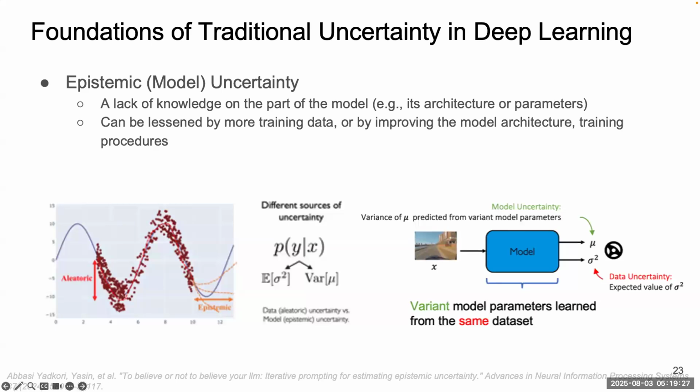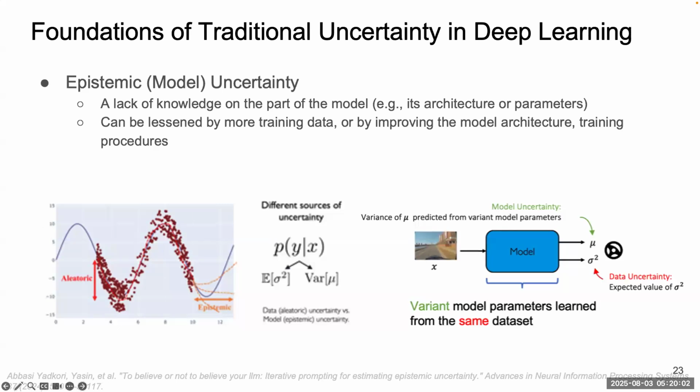And then people think of data uncertainty as the expected value of sigma squared, and the model uncertainty as the variance of mu. Here the dashed orange line is one mu, and you have 3 mu's. You calculate the epistemic or model uncertainty as the variance of the mu, and the data uncertainty is just the expected value of sigma squared when your model makes predictions, right?